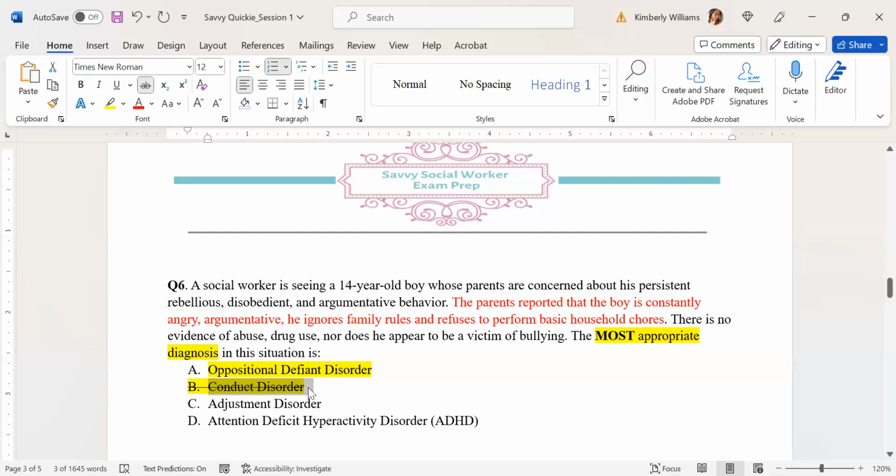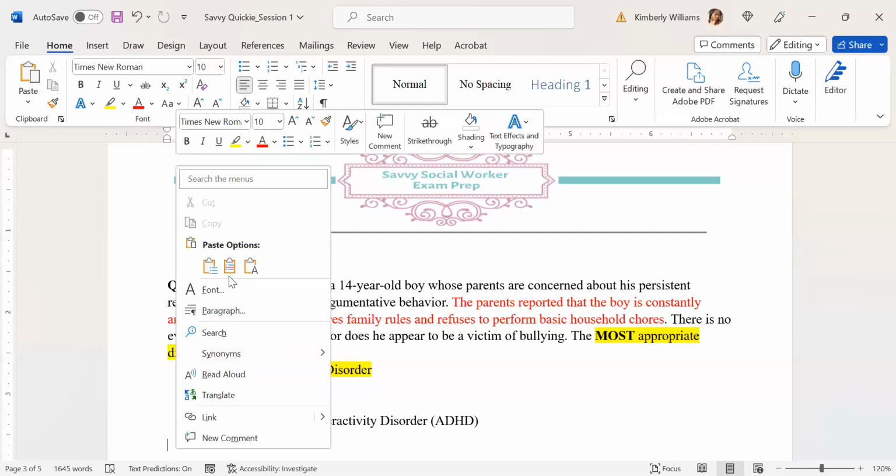So that's when it turns into antisocial disorder. For this one, oppositional defiant turns into conduct disorder, which could turn into antisocial disorder. But antisocial disorder is if they tell you he's breaking the law, he's out here stealing, robbing, beating up people. Those are more of the antisocials.